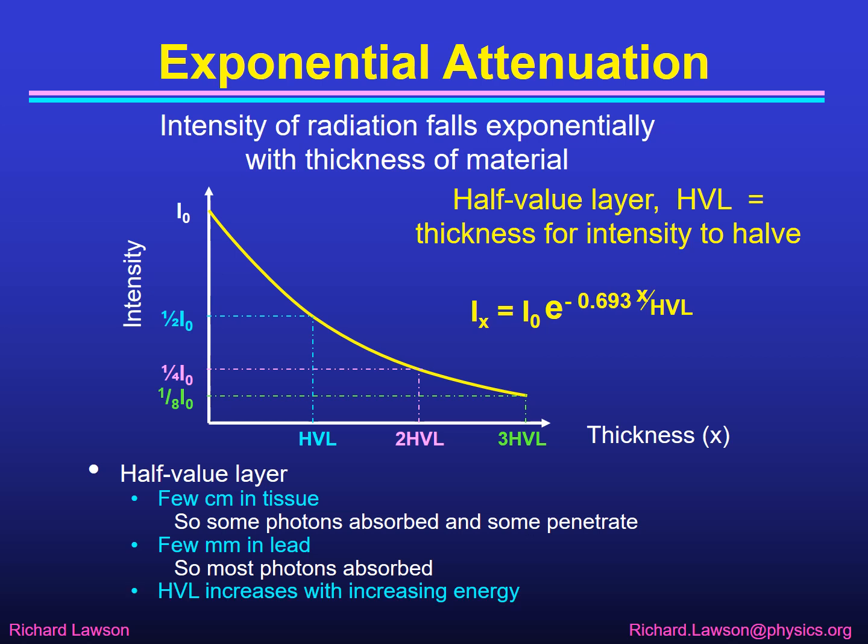Notice that the half-value layer will increase with energy, so as the energy of the X-rays or the gamma rays goes up, you need increasing thicknesses of lead in order to stop it, but they will more easily penetrate out of human tissues.